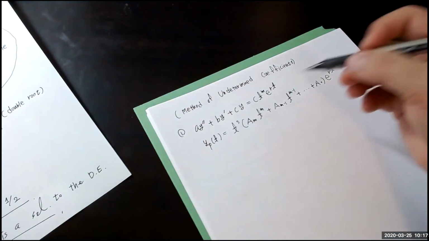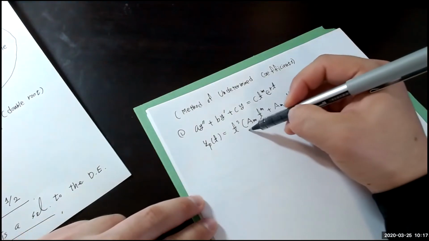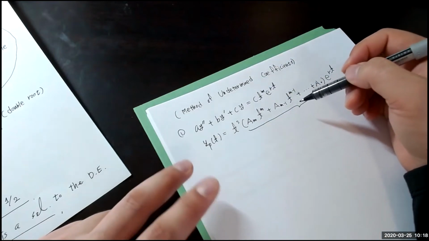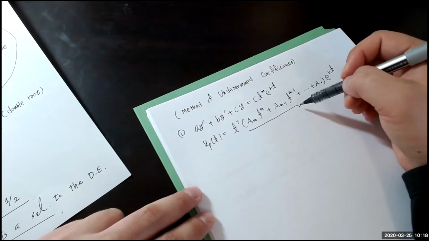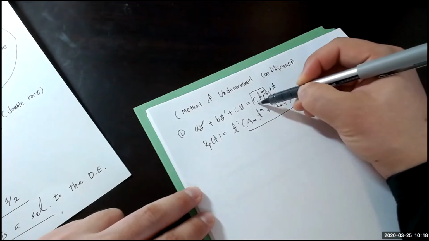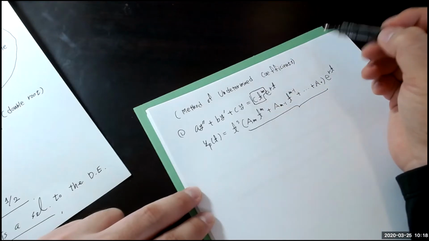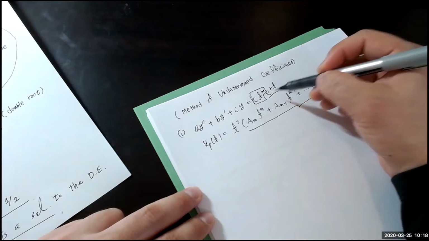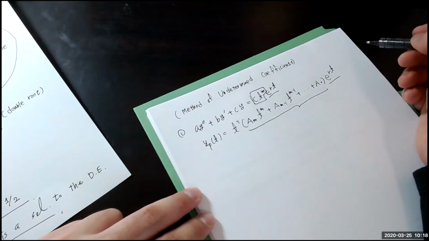So what we got is an m-th degree polynomial, right? We got this because of c times t to the m-th power, and the e to the rt is in the external force, so we put e to the rt right there.